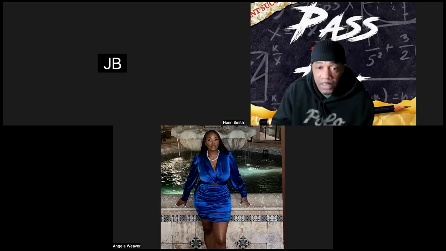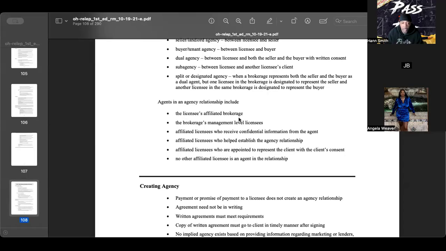So going back to this sheet, all right, so that's the relationship. I would just say the relationship between me and my broker is a general agency relationship.